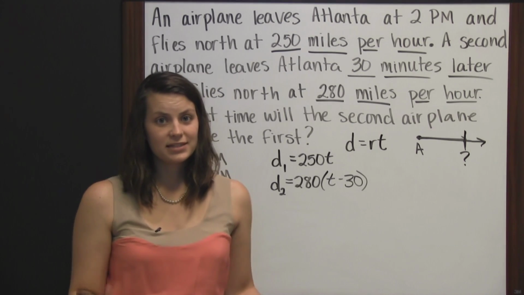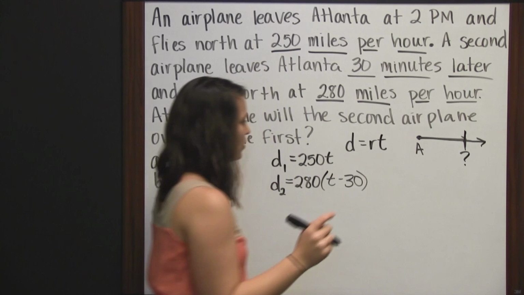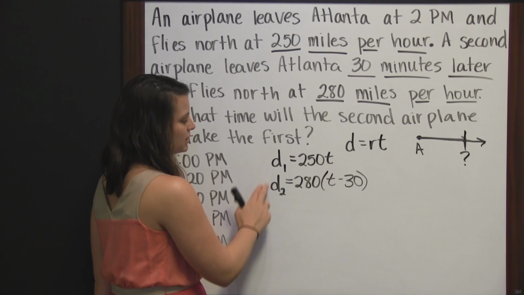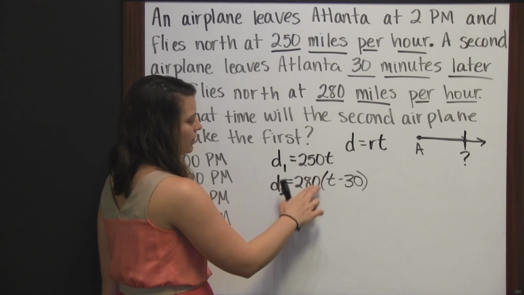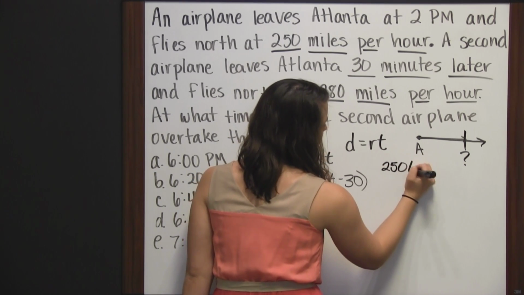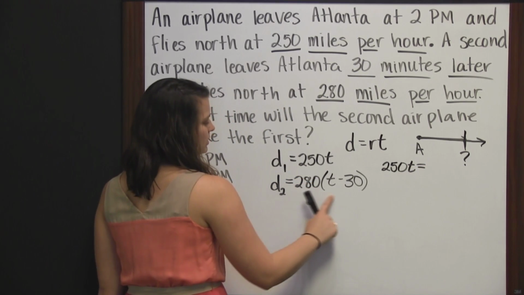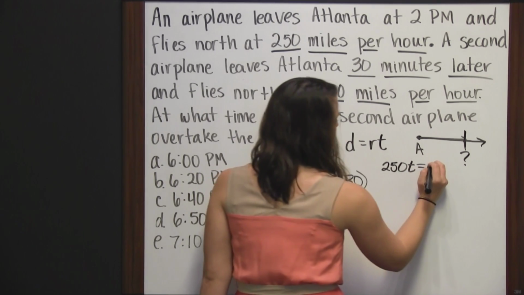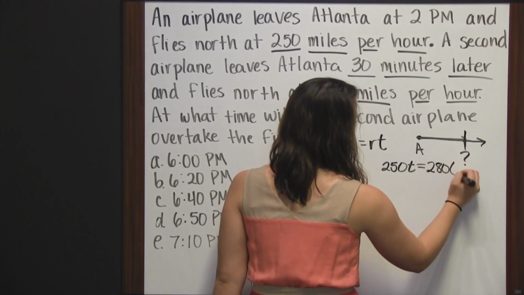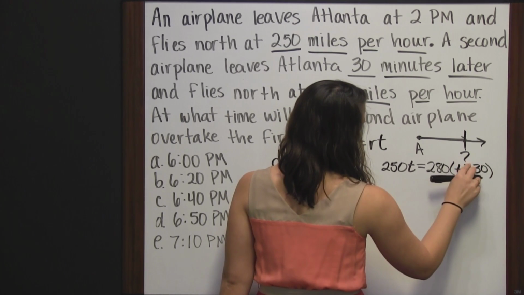We don't know what that distance is, but we know that it's the same. So we can take these two distances and set them equal. The distance of plane 1, 250t, is equal to the distance of plane 2, 280 times the quantity t minus 30.